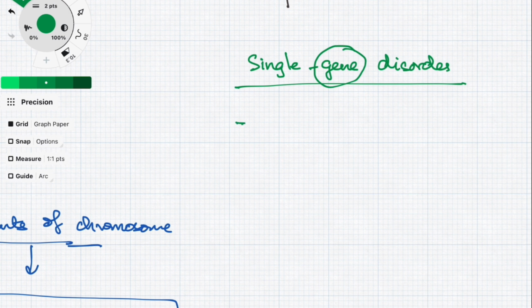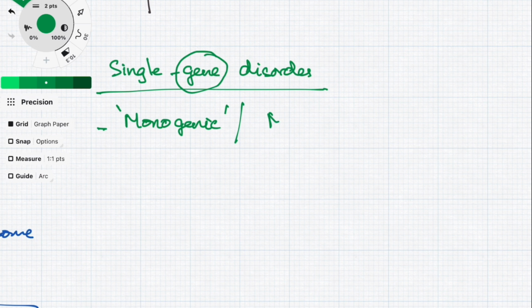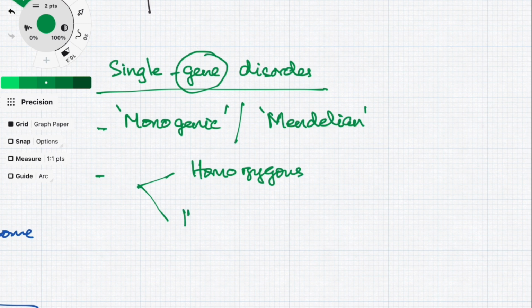This is also called monogenic disorders, or otherwise also known as Mendelian disorders. And depending on how many alleles are affected, it can be two types. It can be homozygous when both the alleles are affected, or it can be heterozygous when only one allele is affected.